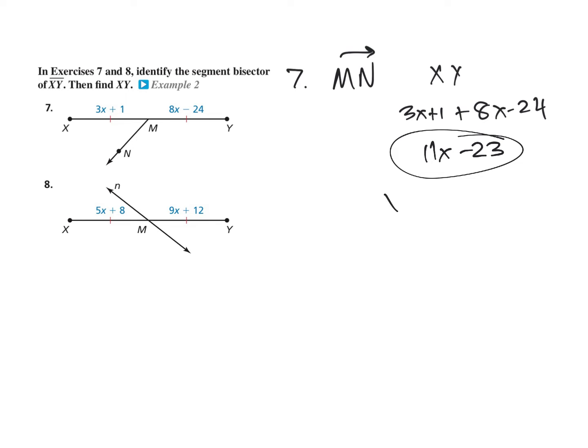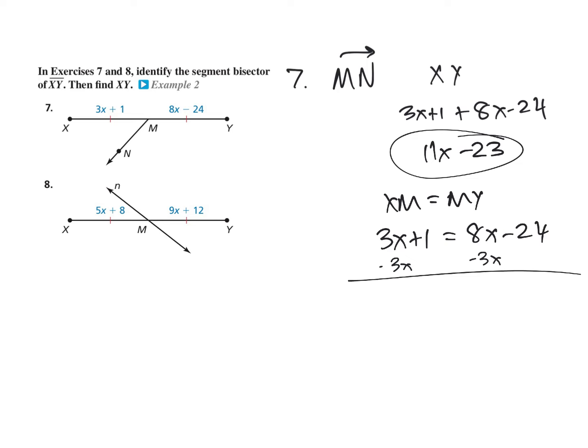But XM is equal to MY. So you can say 3x plus 1 is equal to 8x minus 24, and then you solve it and you can get x. But then you have to figure out what XY is. So add these together, and you get 1 equals 5x minus 24.